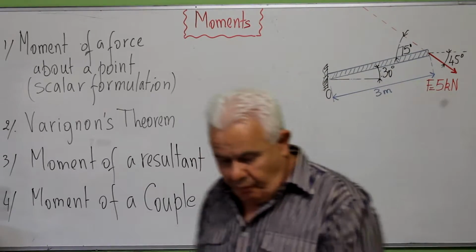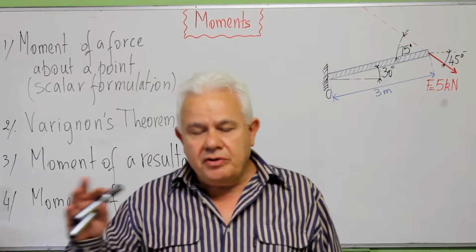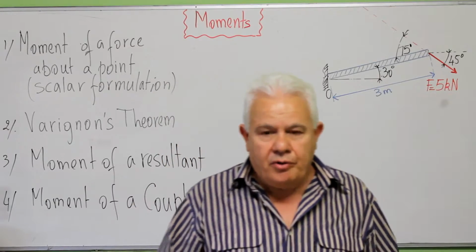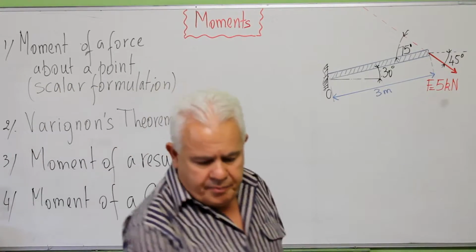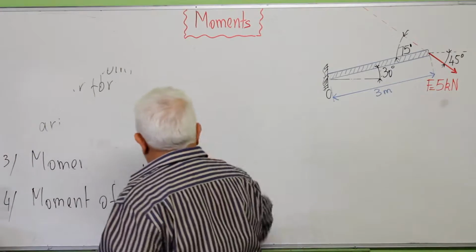What is a moment? A moment is a tendency to rotate a body about a point, A or O. So we can write M about this here.